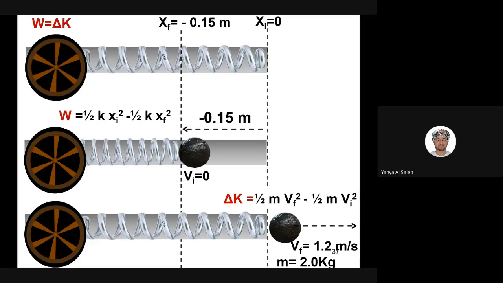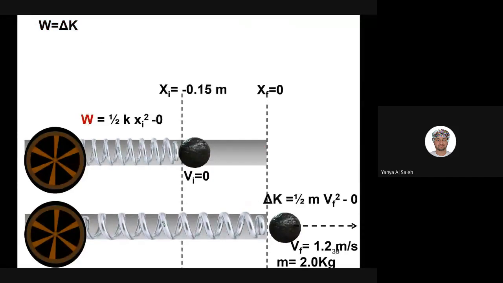Well, let's start making it simpler. My x final is going to be 0. My velocity initial is 0. So I only have 2 terms left.